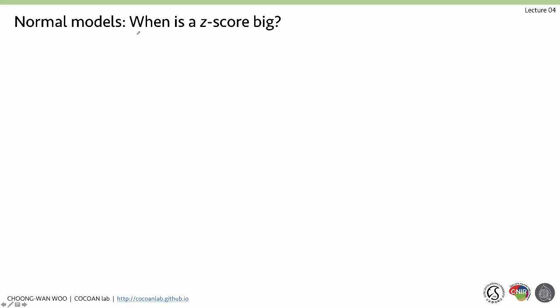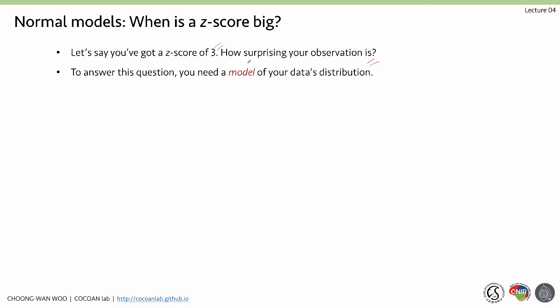How can we know how big the Z-score that I got is? This is an example. Let's say you've got a Z-score of 3, and how surprising is your observation? We really want to say this because we want to compare the value against something and then say, oh, my data is so surprising, or the results I got are not that interesting, right?